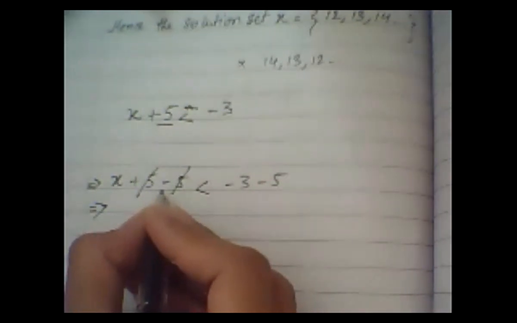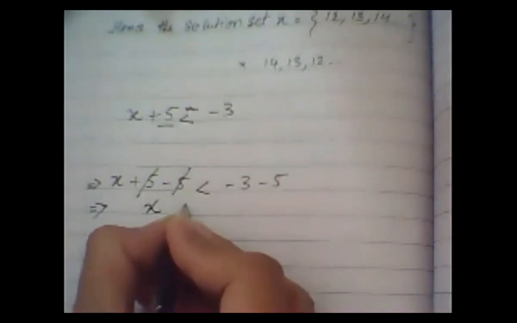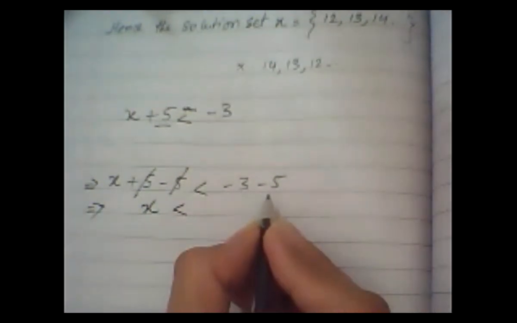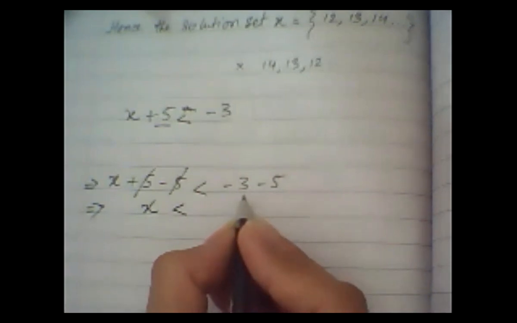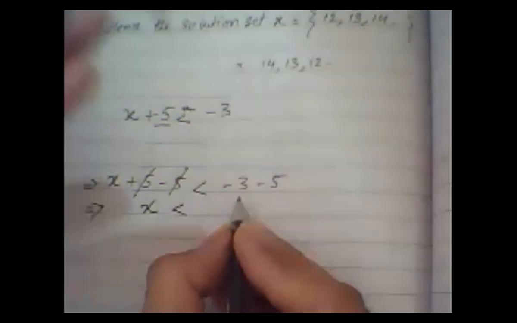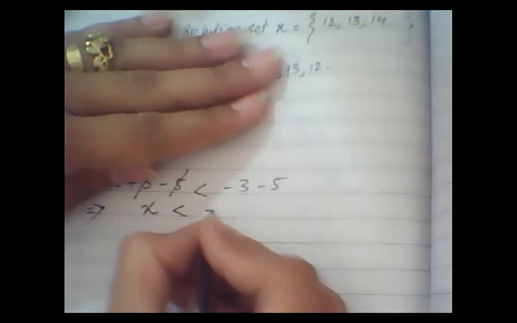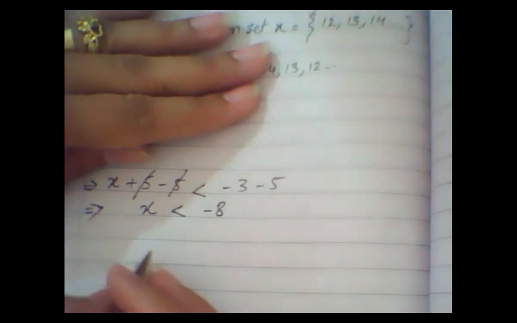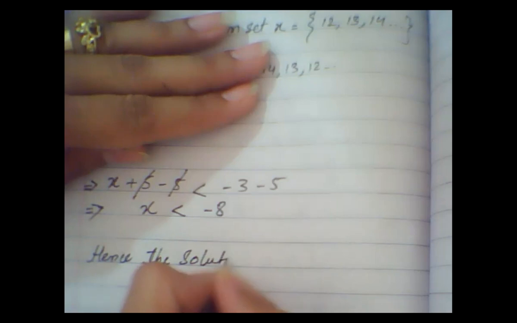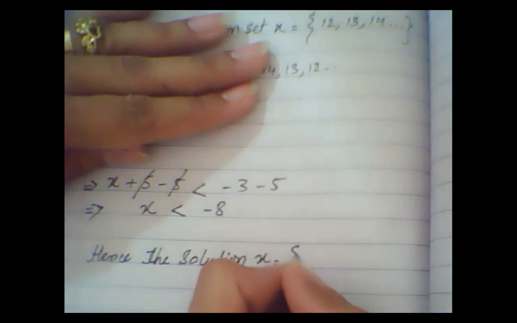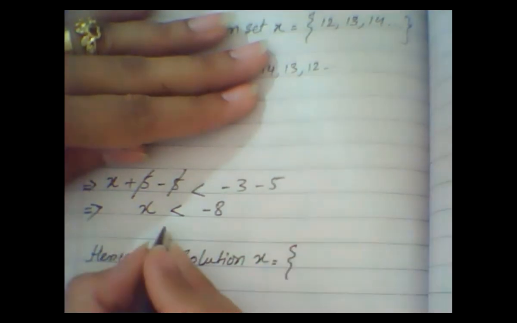This plus 5 and minus 5 will be cancelled. We get x is less than minus 3 minus 5. What will be the answer, beta? Plus 3 plus 5 is plus 8, so minus 5 and minus 3 is minus 8. Okay, so Aisha, the solution set x is equal to, what will be the answer? x having the values which are less than minus 8.